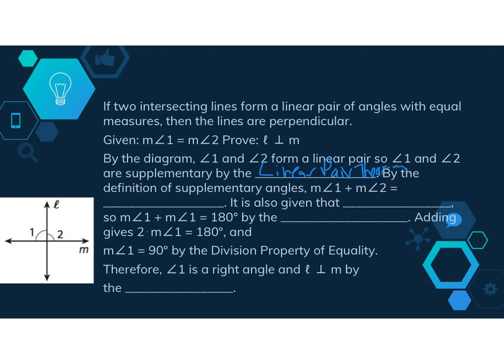And by the definition of supplementary angles, measure of angle 1 plus measure of angle 2 equals 180 degrees. It is also given that measure of angle 1 equals measure of angle 2. So measure of angle 1 plus measure of angle 1 equals 180, we replace 2 with 1, and that is substitution.